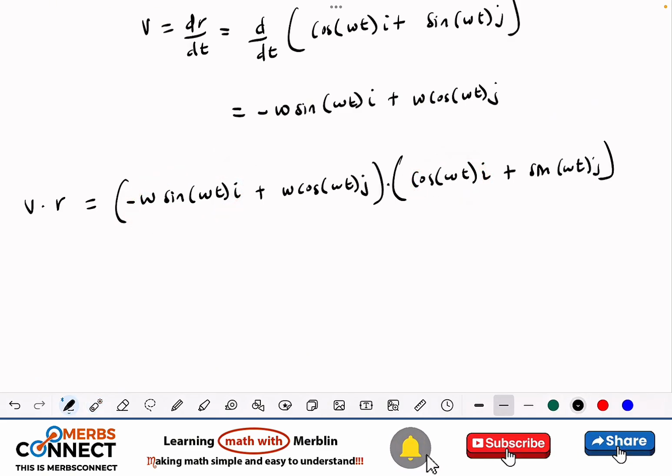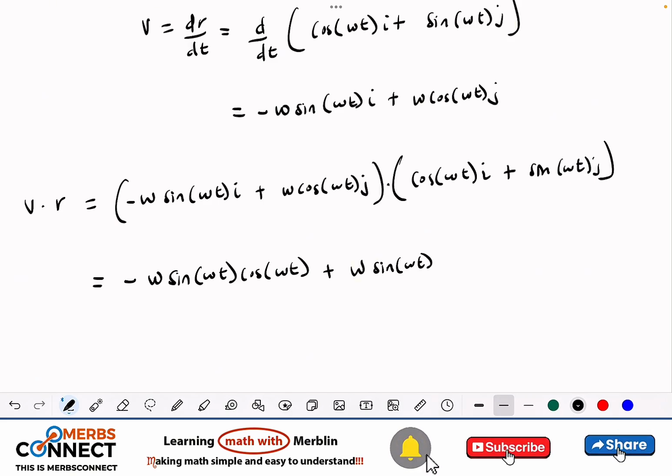What am I going to get? I'm going to have minus omega sine omega t cos omega t. So don't forget here i times i is 1. Good. And plus, then I'll multiply the j to j, right? So this is going to give us omega sine omega t cos omega t.